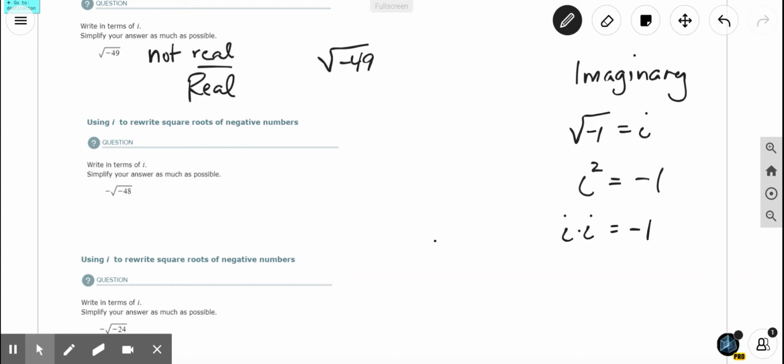Because then all we do is tackle negatives as i's. I mean, the square root of negative 1 is i. So take a look. We can separate this as negative 1 times 49. Well, the square root of 49 is 7.